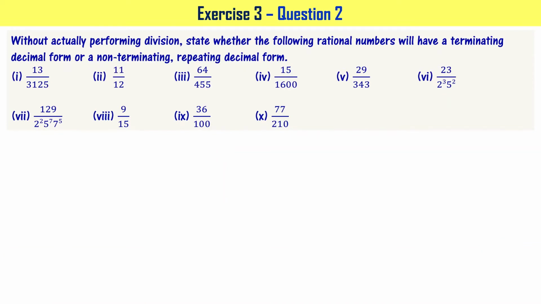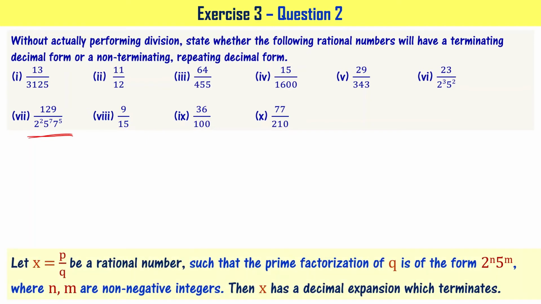That is 129 divided by 2 square times 5 power 7 times 7 power 5, right? The denominator cannot be expressed in the form of this. You have 7 power 5 extra, right? We could say that n equal to 2, m equal to 5, but we have something extra, that is 7 power 5.